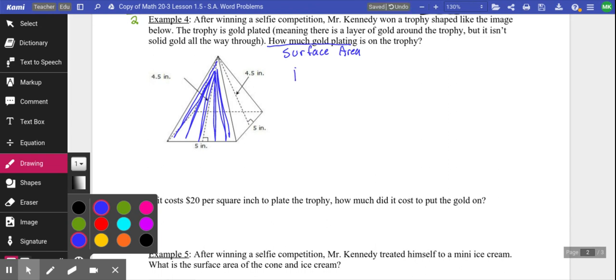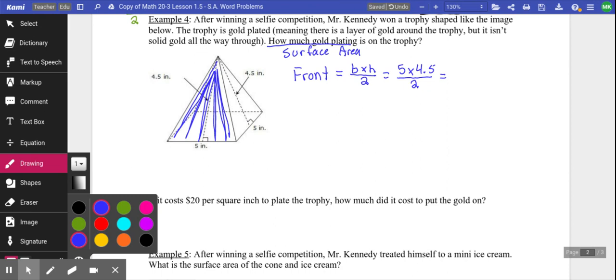I'm going to call that the front. Area of a triangle is base times height divided by 2. In this case, the base is 5, the height is 4.5, and then you divide it by 2.